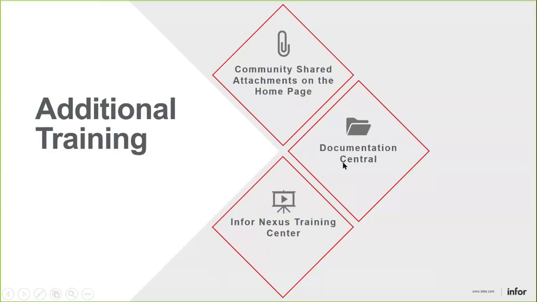You can also access the documentation central for the supporting materials to further study the system. At the InfoNexus Training Center, suppliers can do self-learning. If you don't have an ID, you can request one from InfoNexus, then log in to complete the online courses.